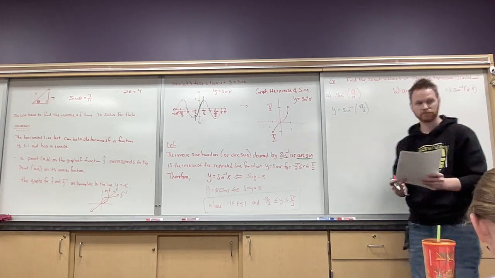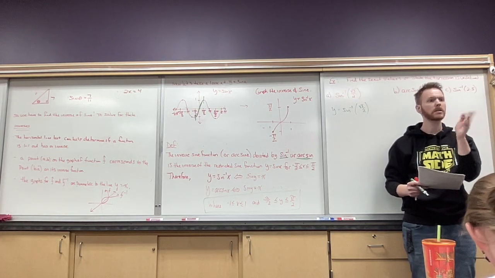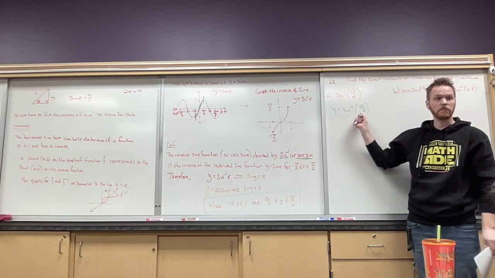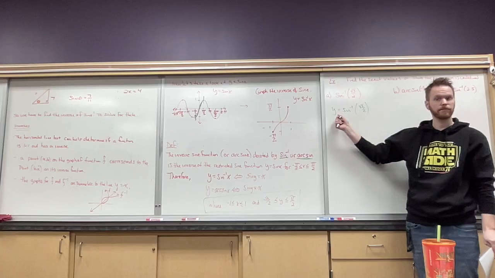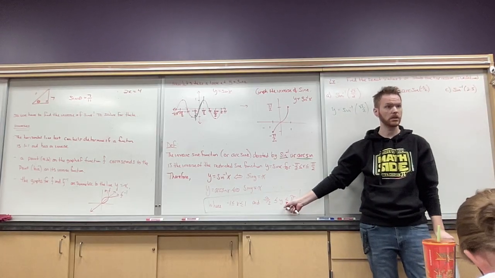30. No, 60. Yep, so pi over 3, right? So this is going to be equal to pi over 3. Now notice something. Is pi over 3 within my range out here? Yeah, so I'm good to go.